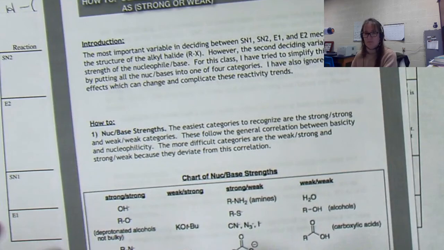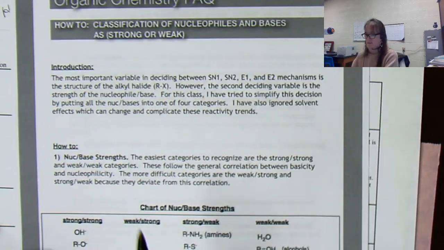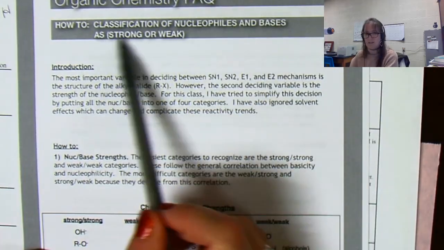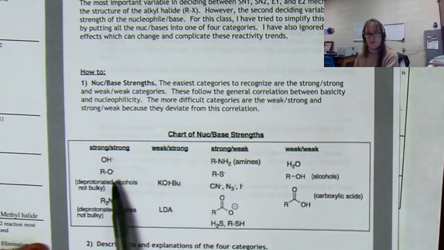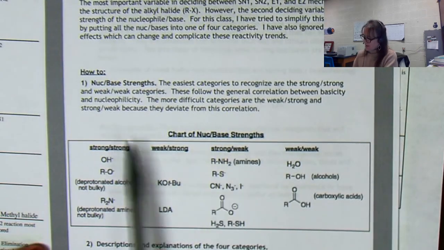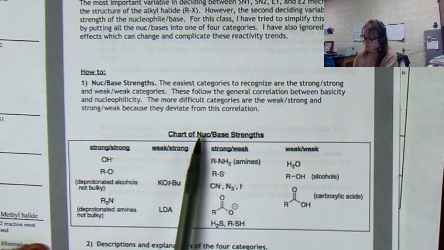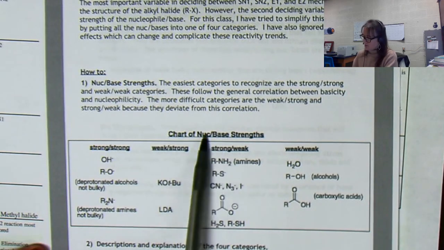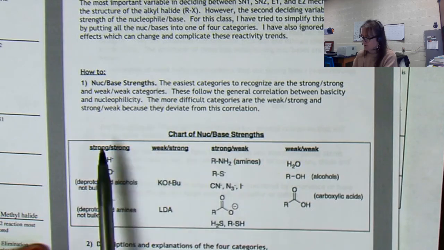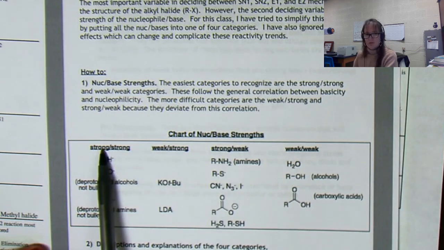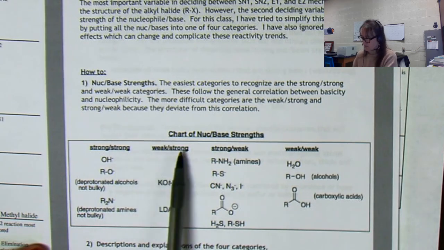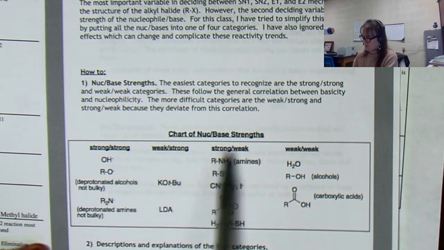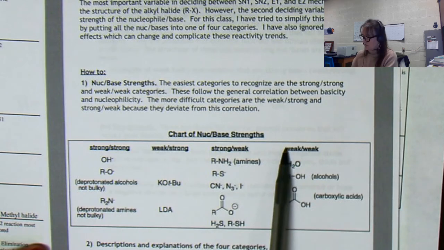There's also a summary of how you look at the nucleophile. Are they a base? Is it strong or weak? And so this breaks down whether they are a strong nucleophile and strong base. So nucleophile dash base. The first word is, is it a strong nucleophile? That's strong nucleophile, strong base. This is weak nucleophile, strong base, strong nucleophile, weak base, and weak nucleophile, weak base.